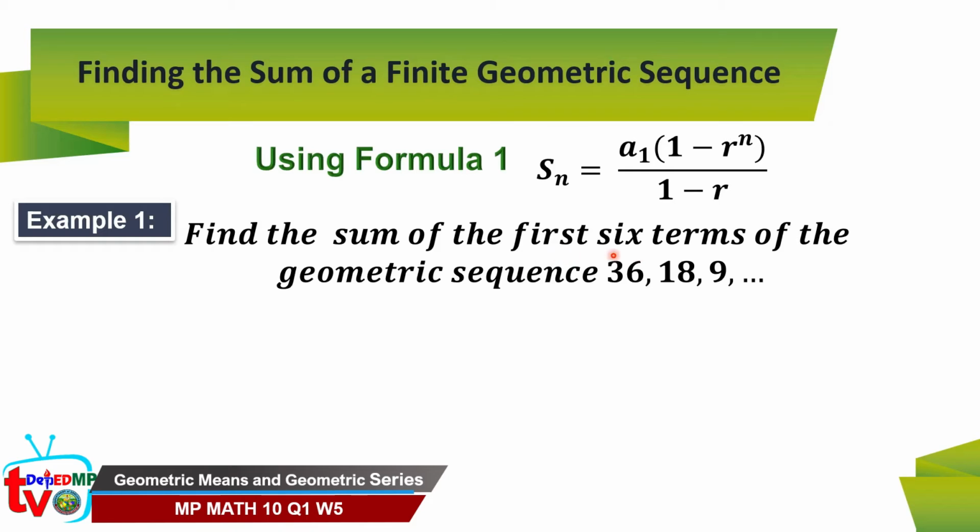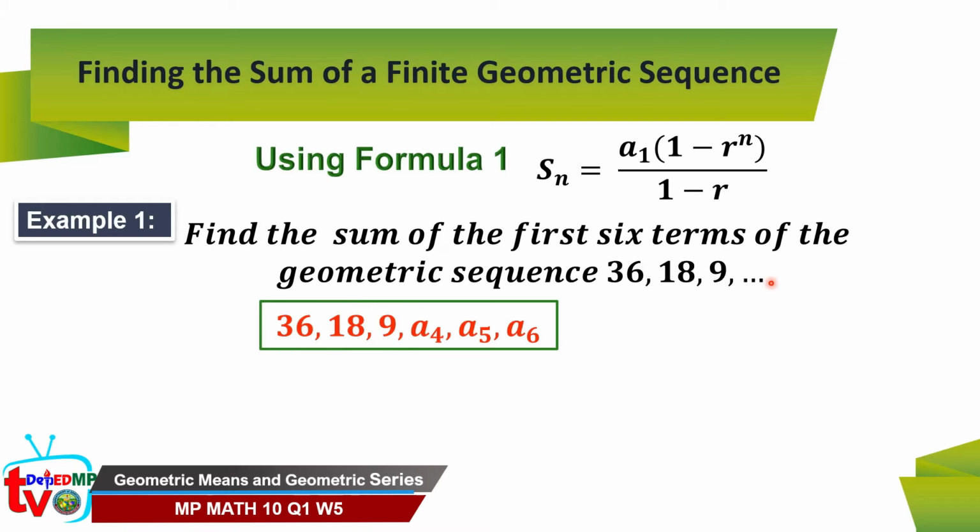So in this problem, we are asked to find the sum of the first 6 terms of the sequence, meaning we are going to add the first term, which is 36, to the second term, which is 18, to the third term, which is 9, up to the 6th term. So, the last term is the 6th term, making it a finite sequence.